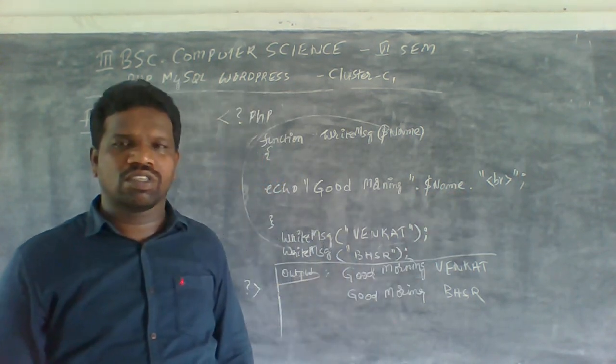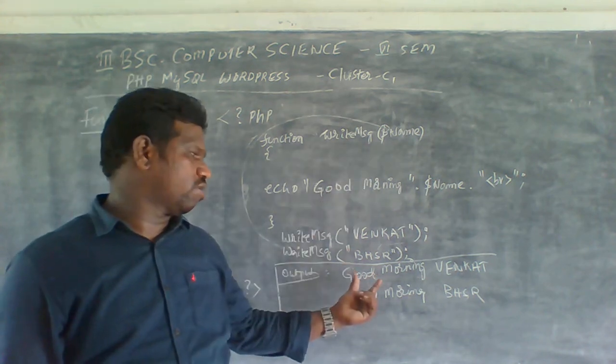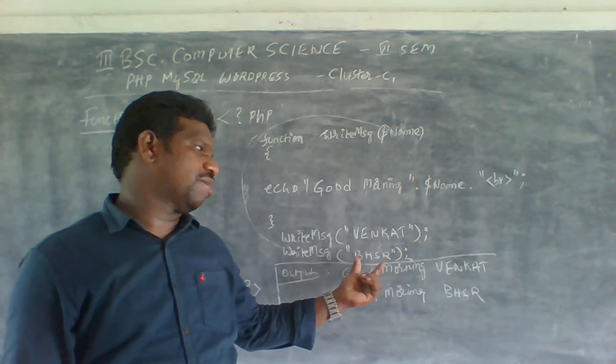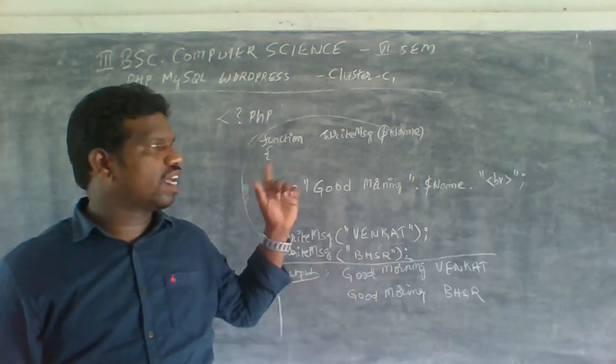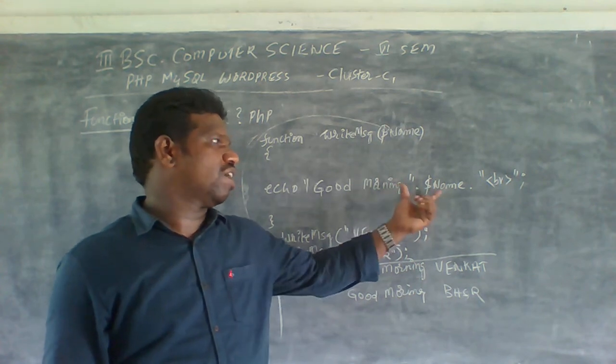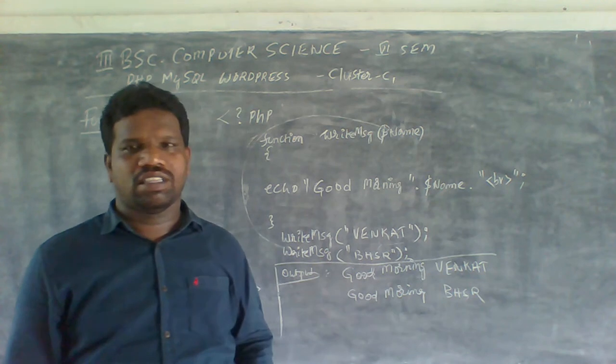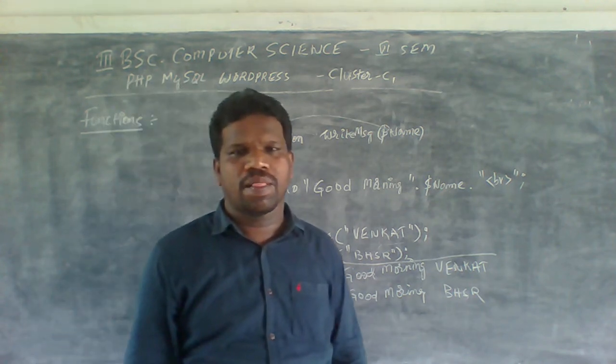Calling the function passes the argument to that function. First it goes with Venkat and the second time with BHSL. Taking the first name it should be Good morning Venkat, and the second one is Good morning BHSL. This is the output of the program here.